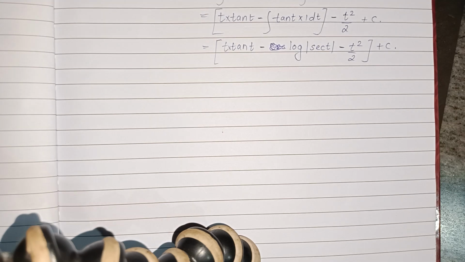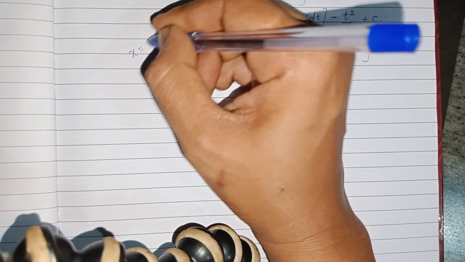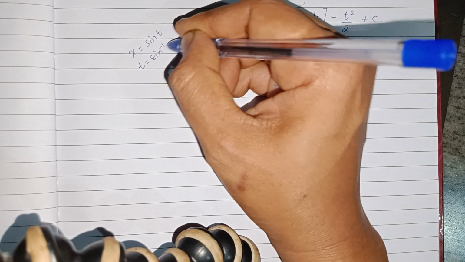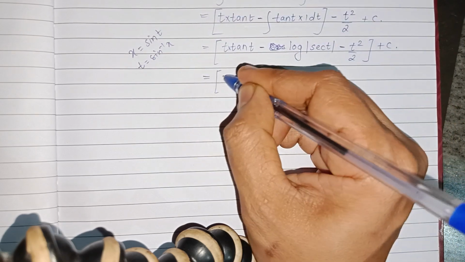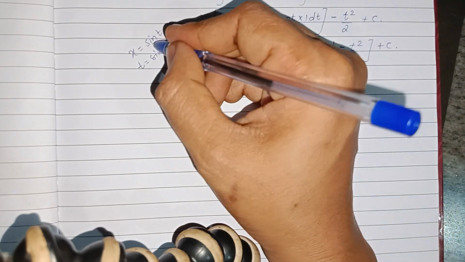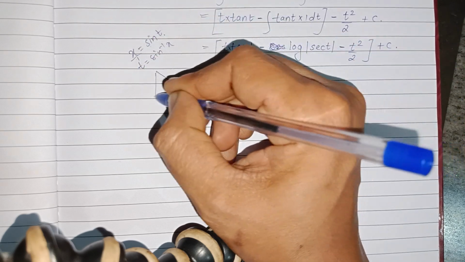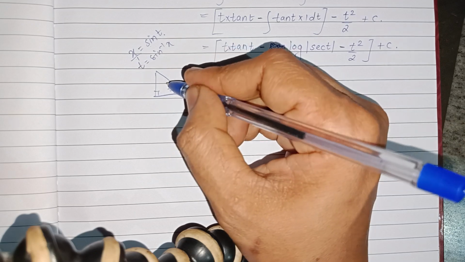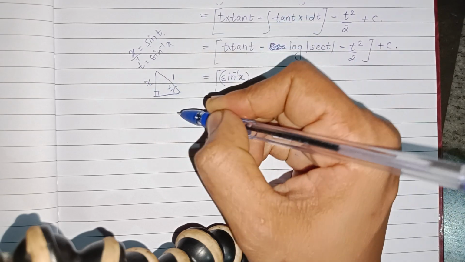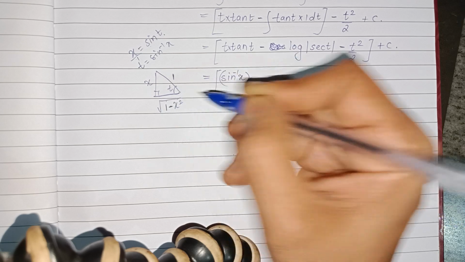Okay. Now we have to substitute the value of t. So x was sin t, so t is sin inverse of x. Okay, what about tan t? Same way. Sin t is our x upon 1. Okay, using the triangle method, opposite upon hypotenuse, so this will be root of 1 minus x square.